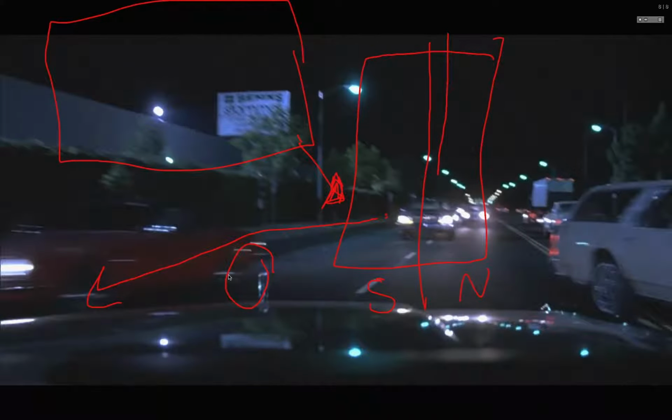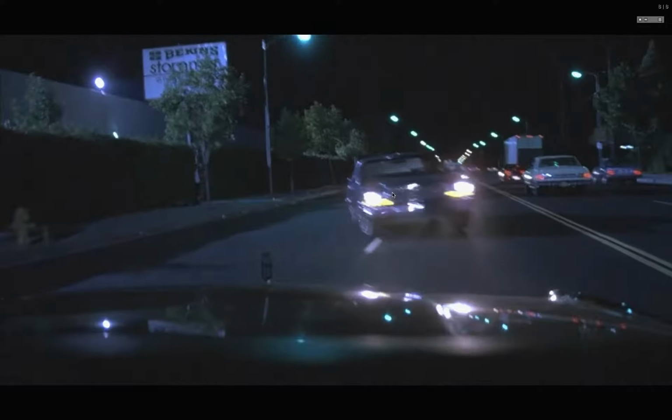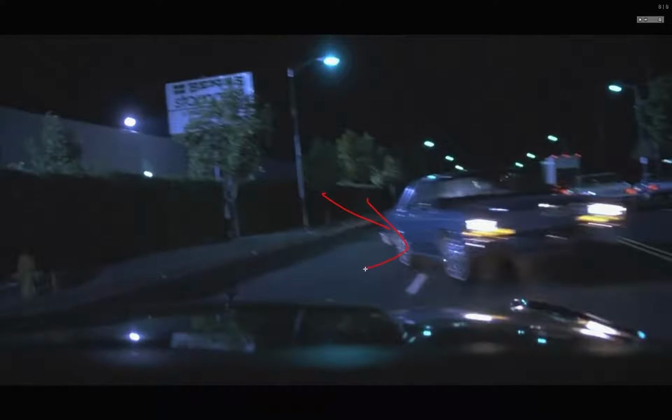Just as that occurs, just as we get our nice red element parting to the left, a blue car appears. And the blue car parts just very perfectly to the right.